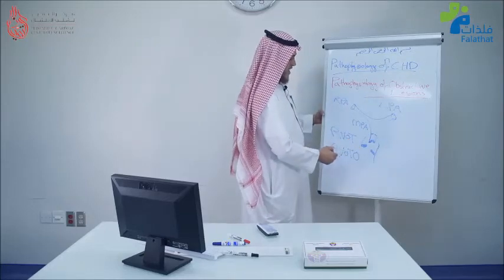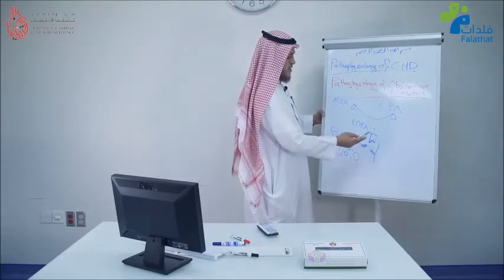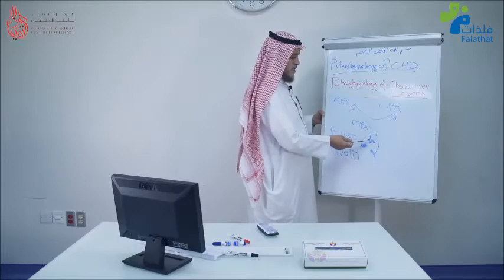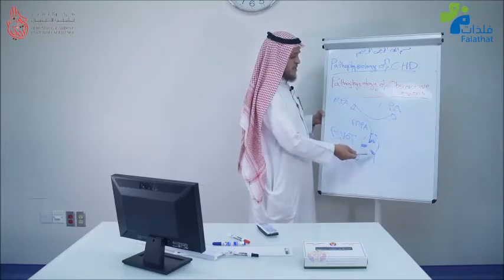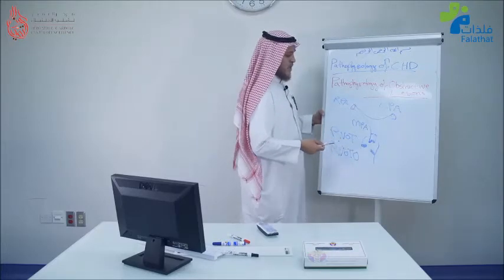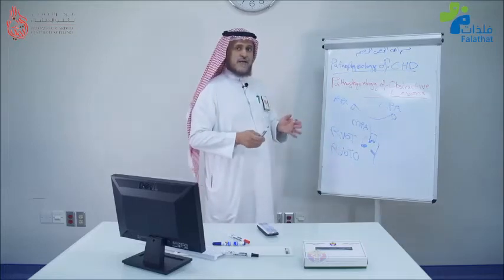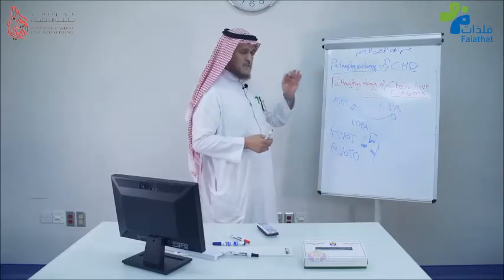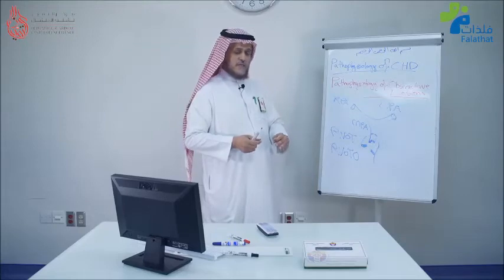Three levels of right ventricular outflow tract obstruction: suprapulmonary stenosis, pulmonary valve stenosis, and subpulmonary stenosis. Again, we divide them into mild, moderate, and severe.